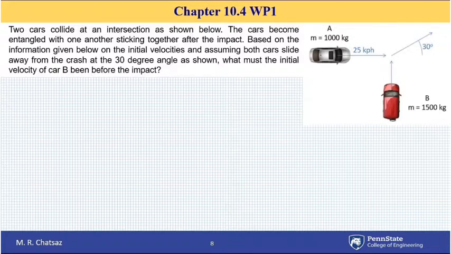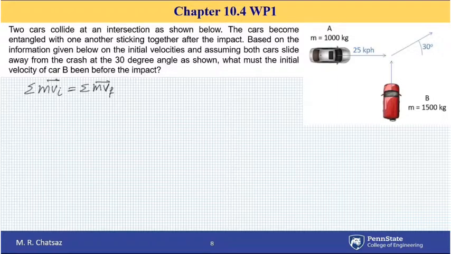So let's write the law of conservation of momentum for the system, which says total initial momentum, net mv_i, equals net final momentum. And recall that this is a vector equation.